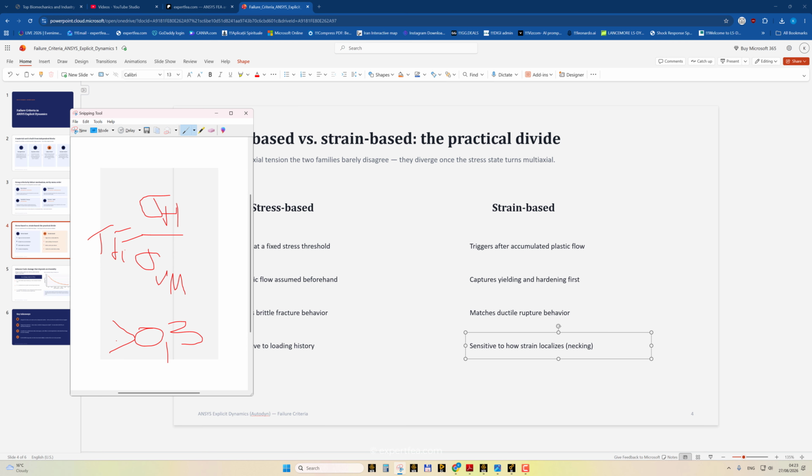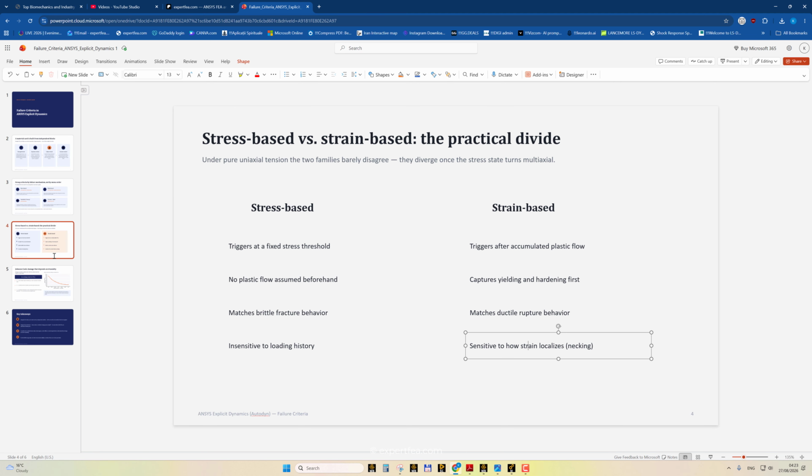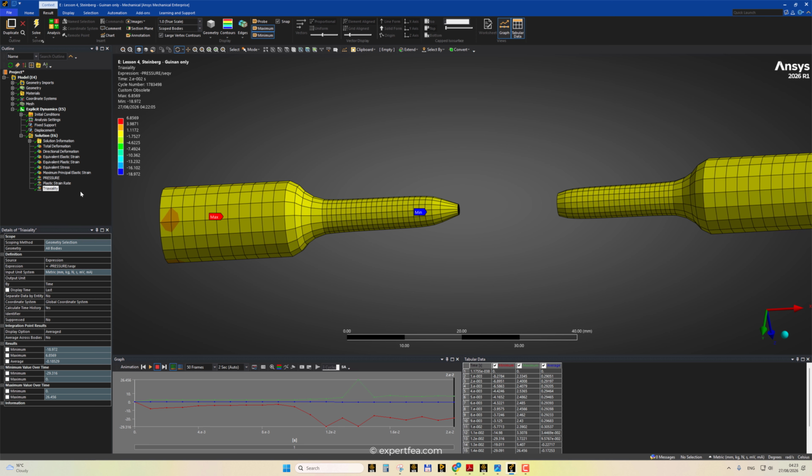Being more than 0.3, we do have a more complex loading. Below 0.3, we would have had only one direction. I'm talking about the hydrostatic pressure. So you will see in a few seconds more.